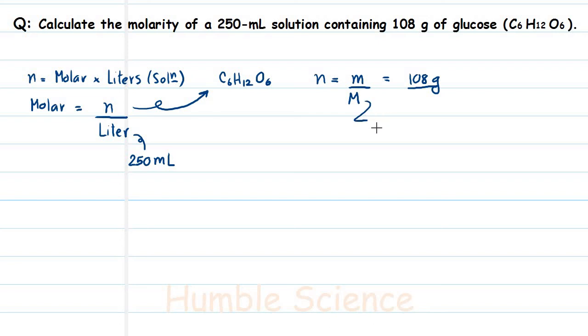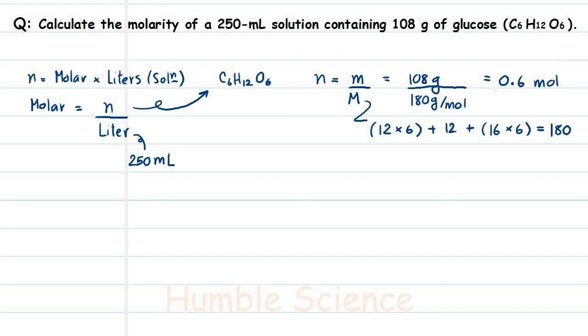For C6 it is 12 times 6, for H12 it is 12, and for O6 it is 16 times 6. So it is 72 plus 12 plus 96, which is 180 grams per mole. So we can plug it back in here: 108 grams divided by 180 grams per mole is going to be 0.6 mole.